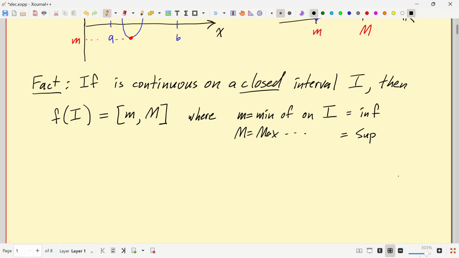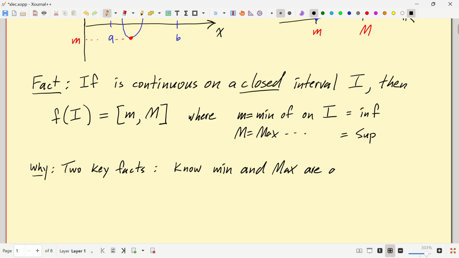Well, let's see, I should say why this is true. There were two key facts. In this setting of a closed interval, we know the min and the max are attained at points.